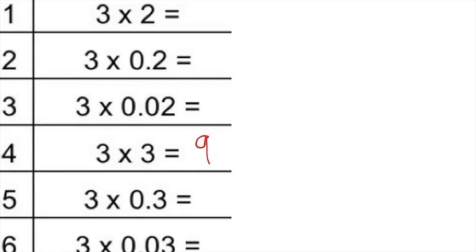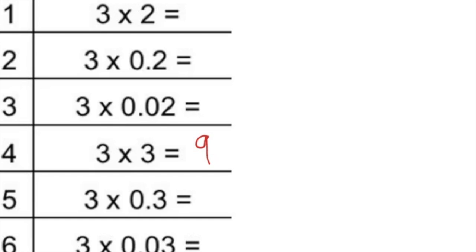For number 5, 3 is in the ones place, and then you have 3/10, which is in the tenths place. So our answer will be in what part of the place value chart? 1 times 10 is, very good, it's going to be in the tenths place. 3 times 3 is 9, 9/10.